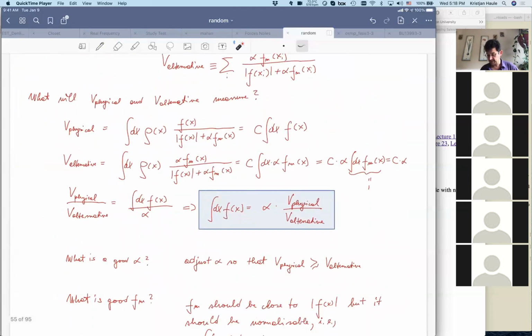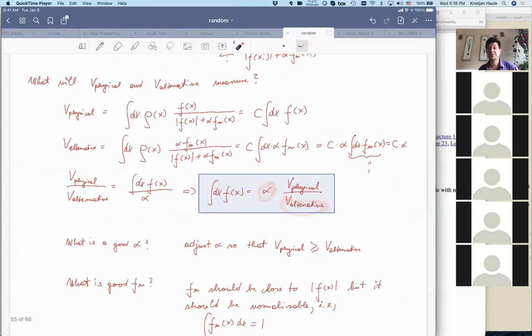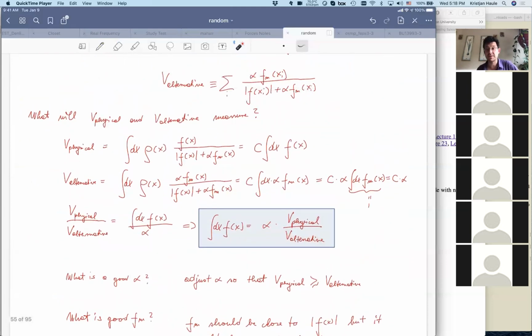So we will have 0 divided by 0, which will give you lots of noise and a very imprecise determination of the integral. As long as alpha is finite, it should still work, but it will not be as efficient as with an appropriate alpha.